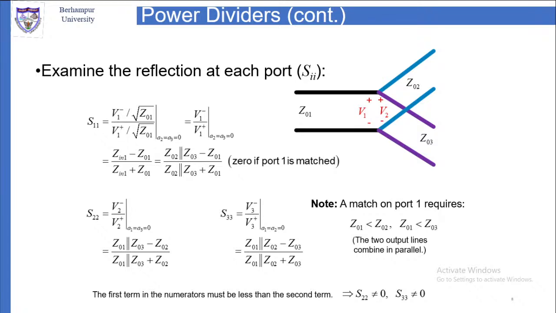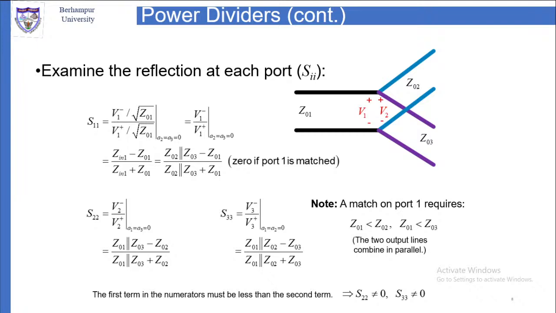Also, S11 is the reflection coefficient. The reflection coefficient is Zin minus Z0 by Zin plus Z0. So use that definition. So S11 is equal to Zin1 minus Z01 divided by Zin1 plus Z01. Now Zin1 we have already seen is parallel combination of Z02 and Z03. Here also you can see Zin1 is parallel combination of Z02 and Z03 at the junction.